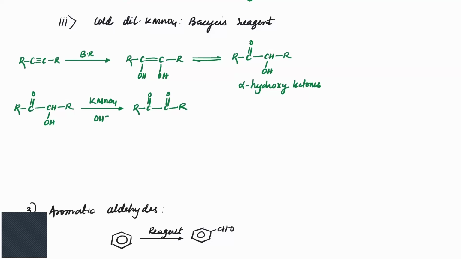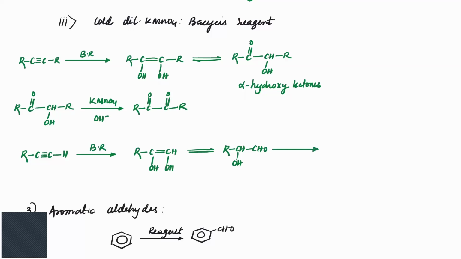By chance, if it is in the aldehyde form, like R, C triple bond C, and H is there, and you are treating that with Bayer's reagent, in such a case, first you will get an enol like this. I mean, hydroxylation happens here, correct? Then tautomerization would happen on the right hand side here, which makes it an aldehyde.